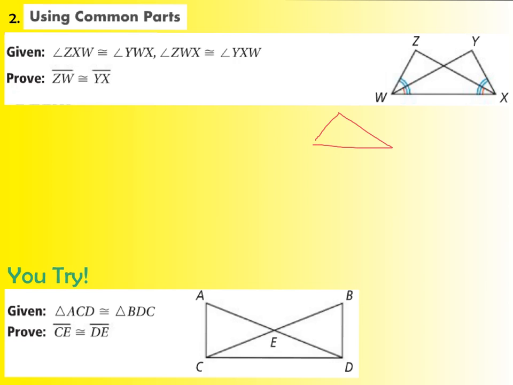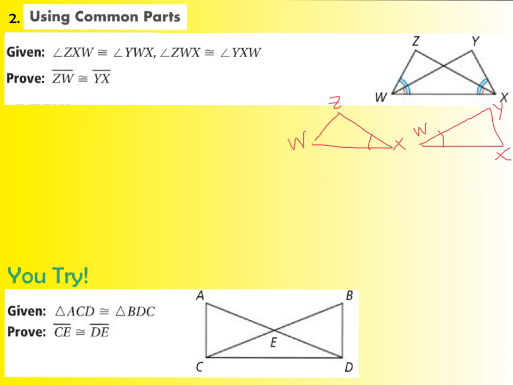So here's my ZXW. And then here's my XWY. And I can mark the congruencies here again. So I know ZXW, this angle, is congruent to YWX, this angle.